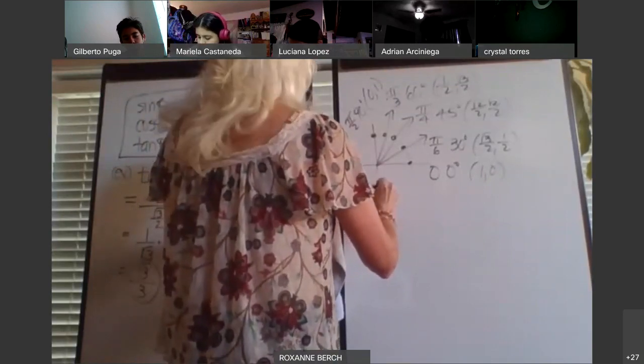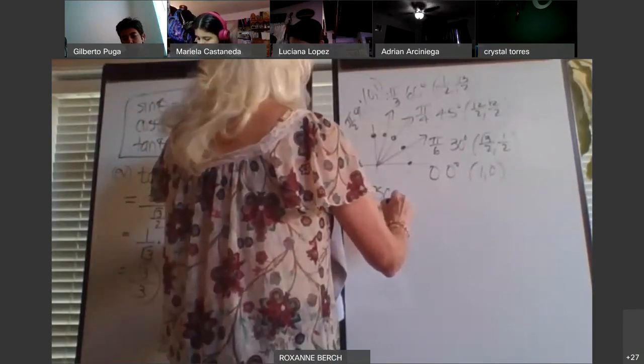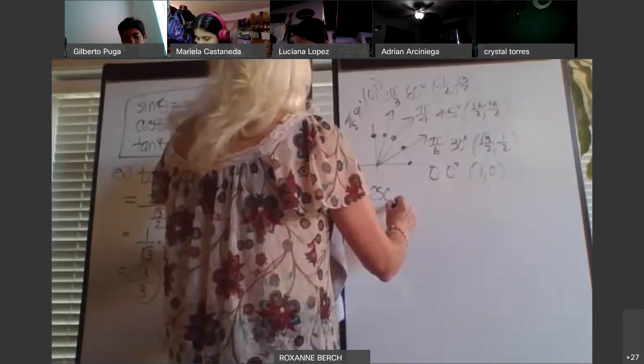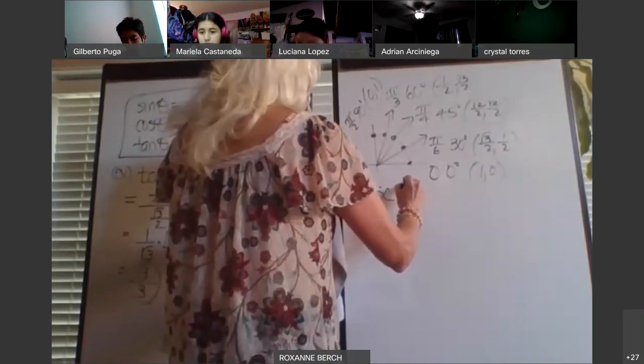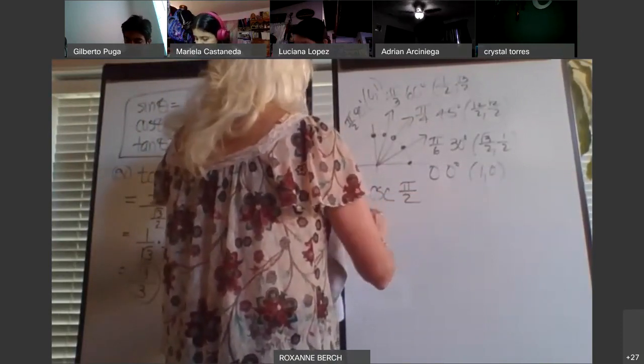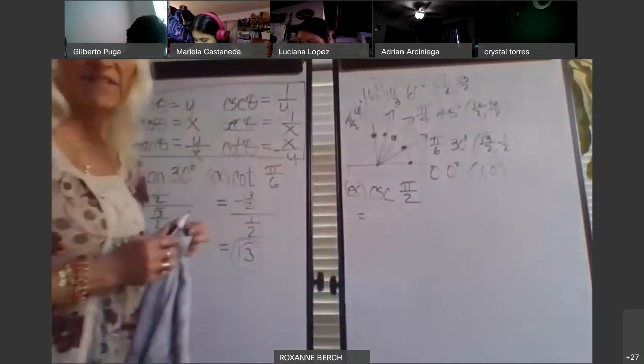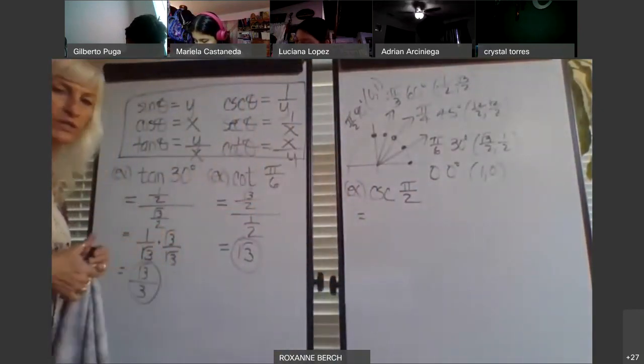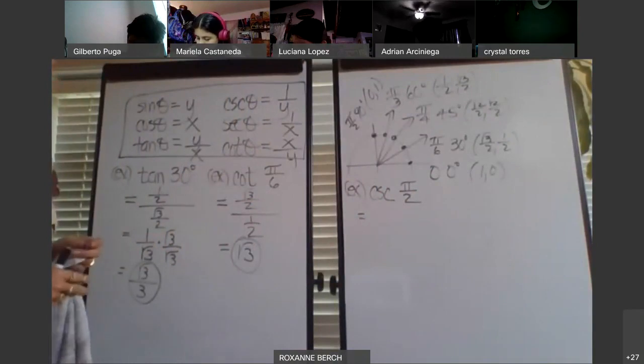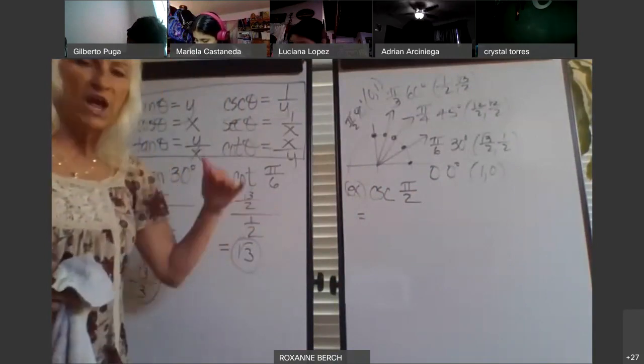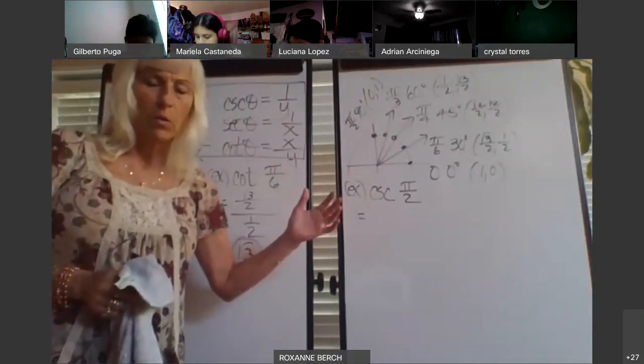All right, let's go to cosecant of 5/2. So we're working on these reciprocal trig functions. So when you see cosecant, what are you thinking?